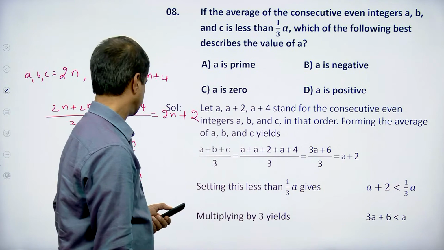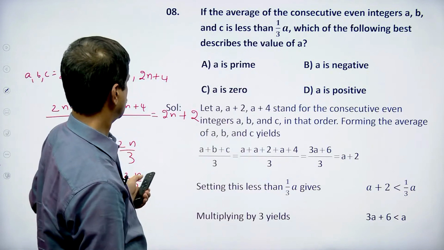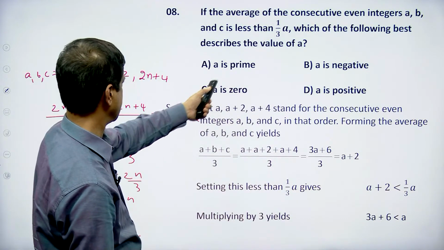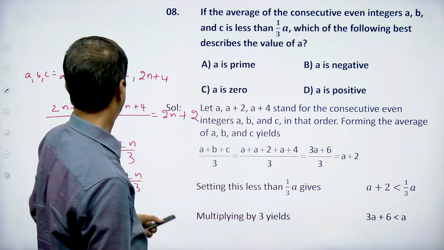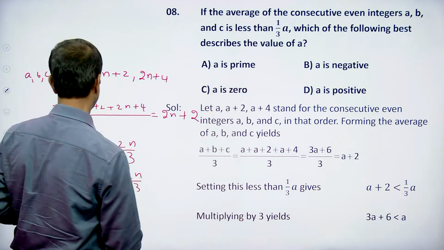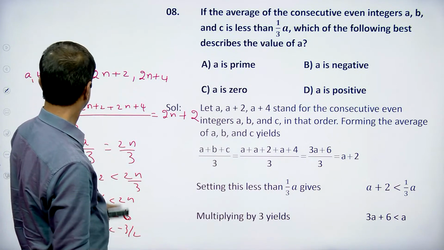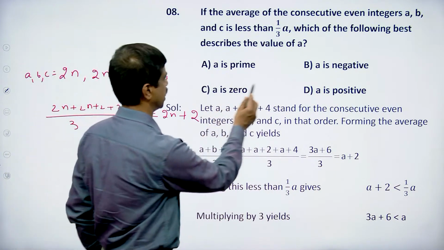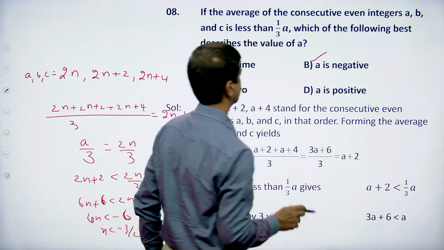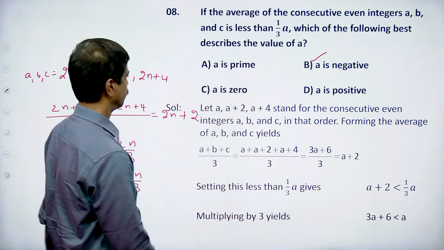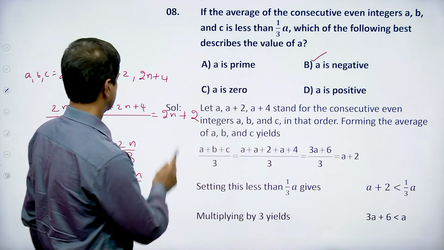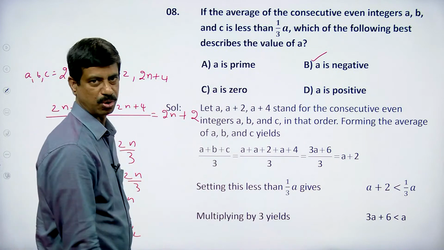Okay. So now what is it that he says? A is a prime, A is negative. A is what here? 2n. N is negative, so 2n is negative. So A is negative is the suitable option. A is positive is wrong. A is 0 is wrong. A is a prime, need not be prime. Okay.